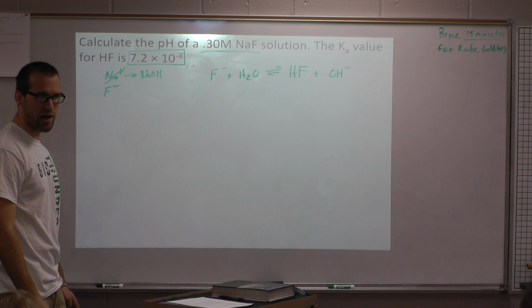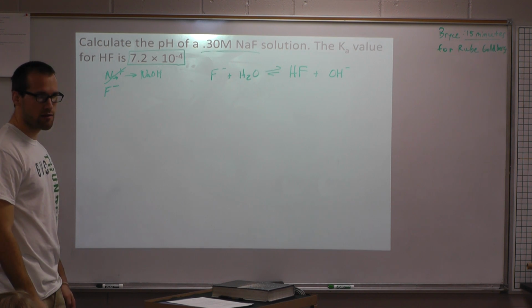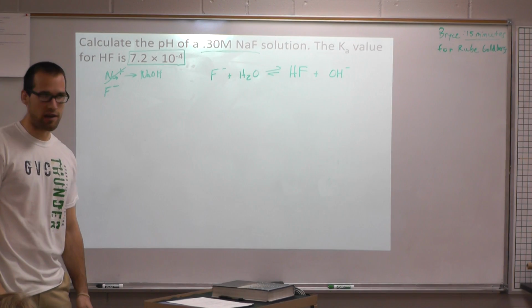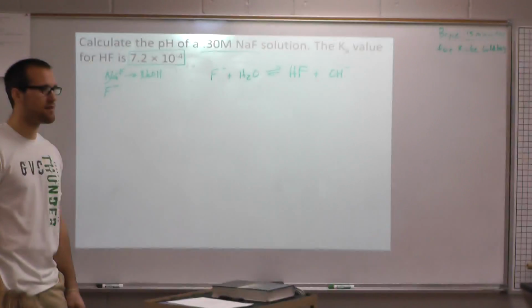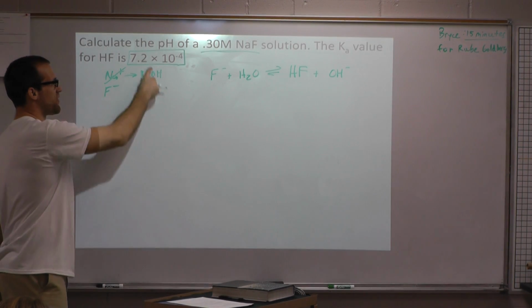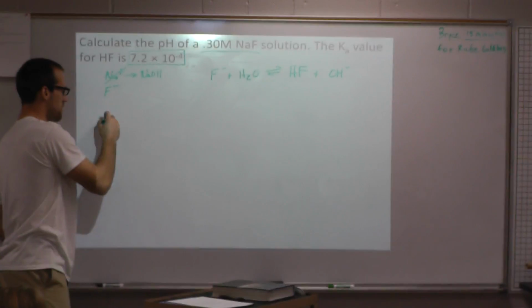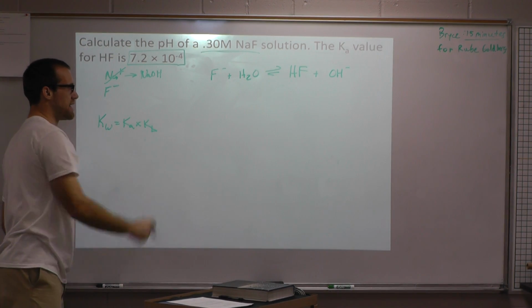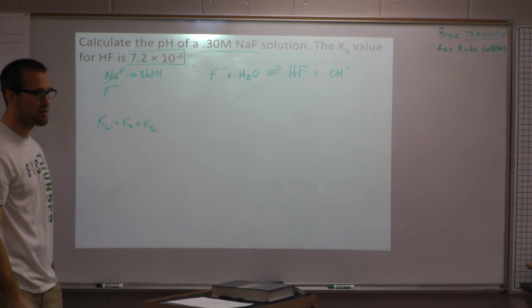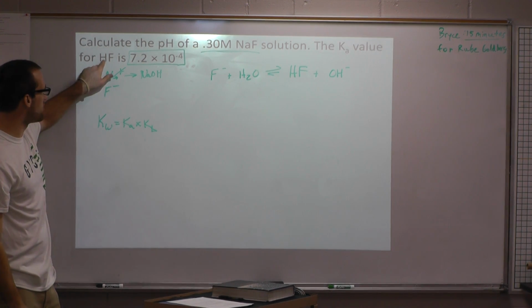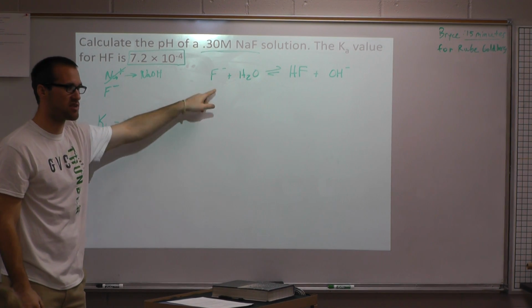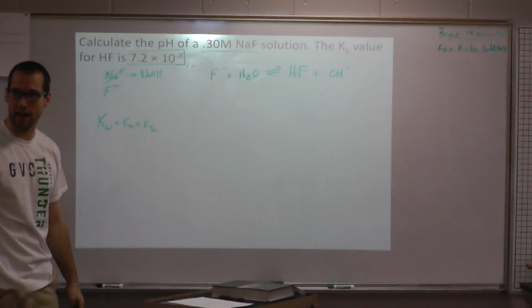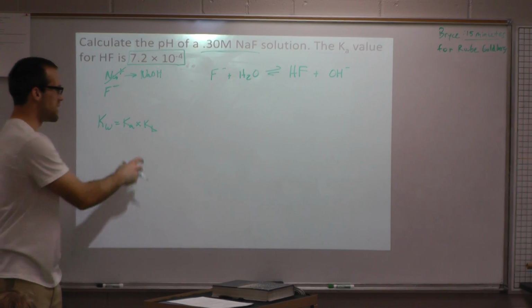But I do need it. Why do I need it? Because you wouldn't be able to do anything otherwise. I'm going to have to convert this to what? I need the base version. This is the weak acid, I'm using its conjugate, so I need to figure out what the Kb of that is by using this equation.